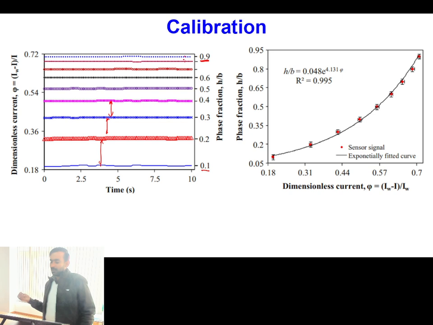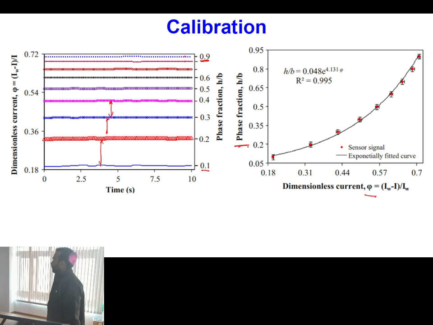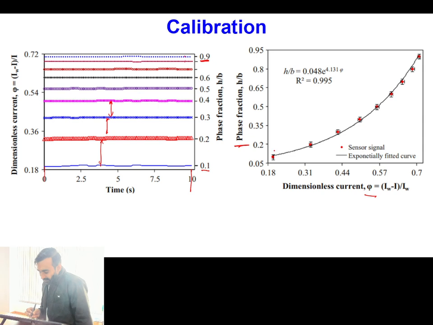For that we have to develop a relationship between the dimensionless current signal and the corresponding value of H by B. For doing that, during this entire cycle, the average data of all 10 sensors is represented by these red colored circle points. Corresponding to all the 10 sensors, the standard deviation is given as an error bar in the signal. Is this one clear?